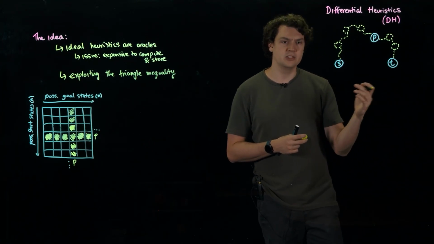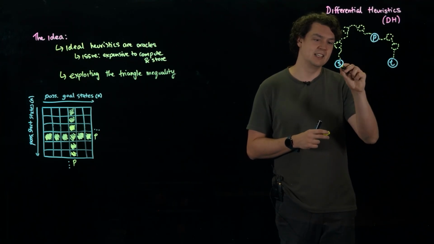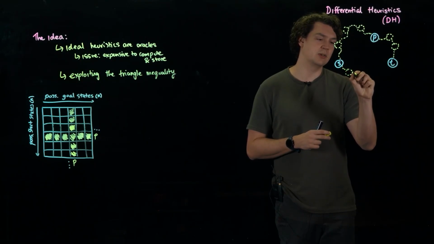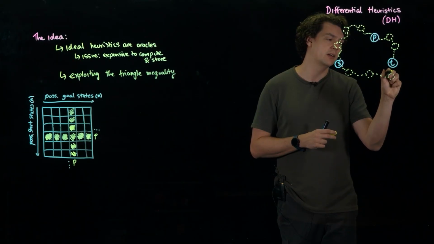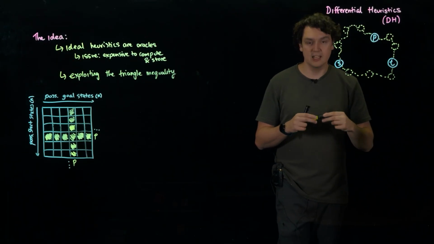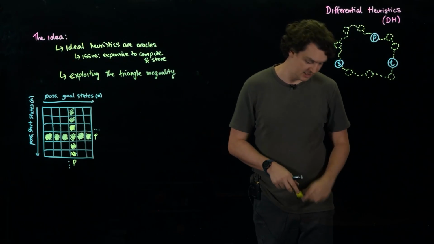Okay, how is this useful? Well, the last thing I'll draw is, very similarly, there was some version of a path, that is what we're trying to look for, leading from the start to the target.